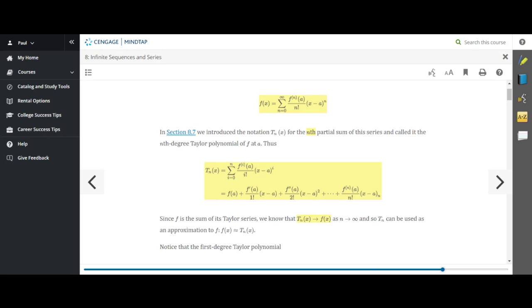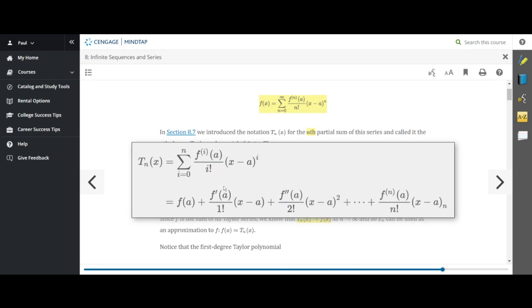You remember second degree polynomial, third degree polynomial, fourth degree polynomial, and so forth. The terms that you see here come from the terms of the Taylor series.